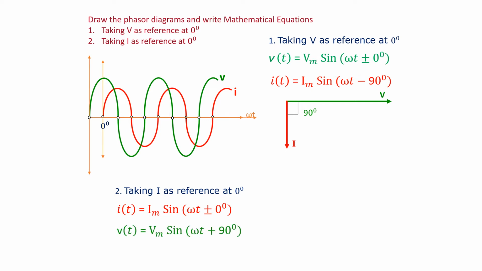The equation for the voltage is Vm sin (omega t plus 90 degrees) because voltage is leading the current. Draw the phasor diagram by taking I as reference at 0. The voltage phasor is to be drawn at plus 90 degrees.